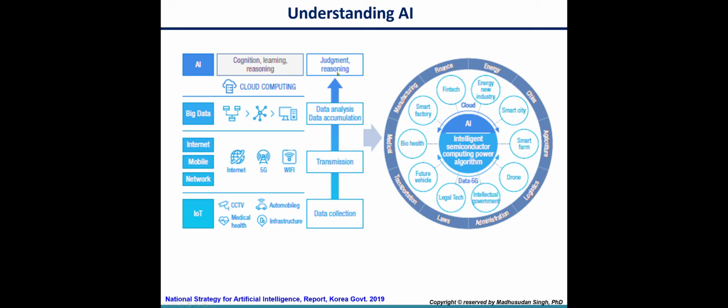So these are all, but the process is going to be the same way. We collect the data from IoT and sensor devices, and we transmit it with the help of the internet, and then it is stored in some servers, big data places, and then we do the data analysis, data accumulation, and make the judgment and recognition things. So this is the whole artificial intelligence thing.